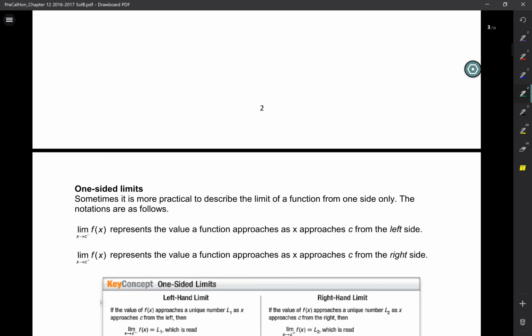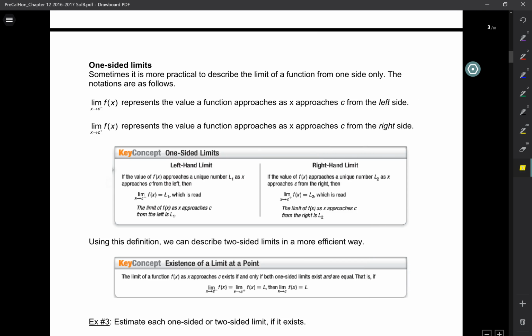Okay, now, one-sided limits. So sometimes it's more practical to describe the limit of the function from one side only. So just from the left side, just from the right side. But we need to have the right notation for it.